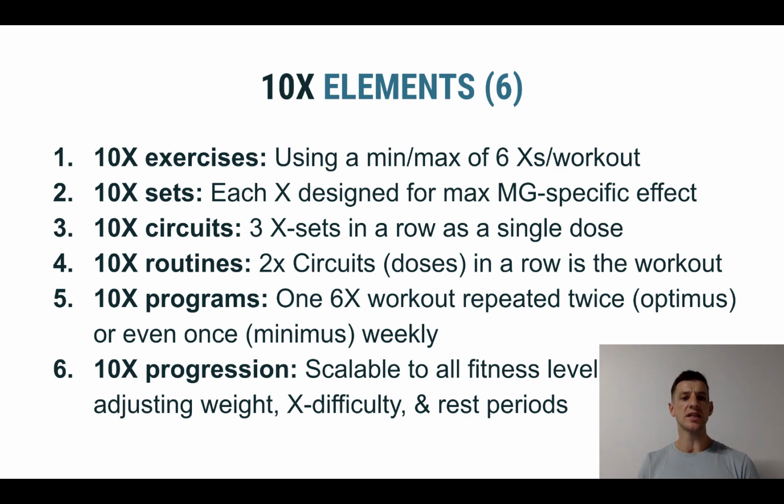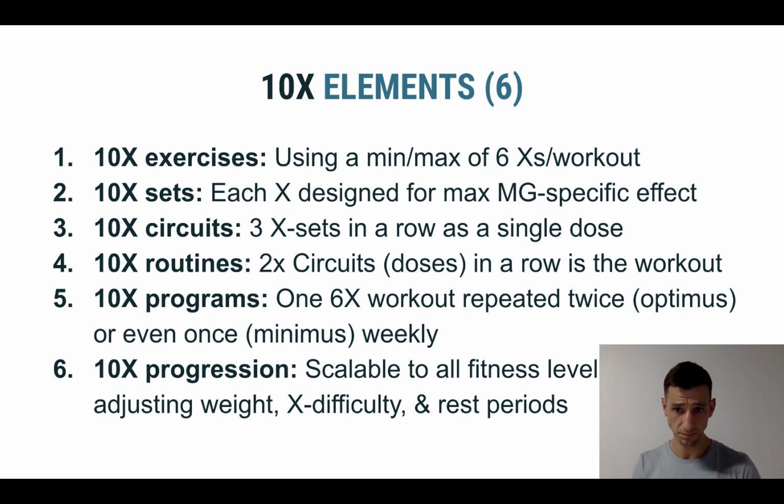Firstly, the 10x exercises: think of your program. Every time you do a workout, it will be 6 exercises. Each exercise will last for at least 1 minute, where we do 12 repetitions per exercise, lasting 1 minute, and we do that for 6 exercises.